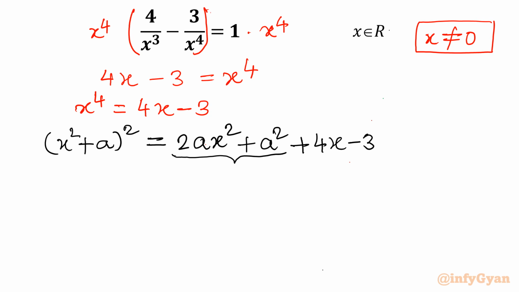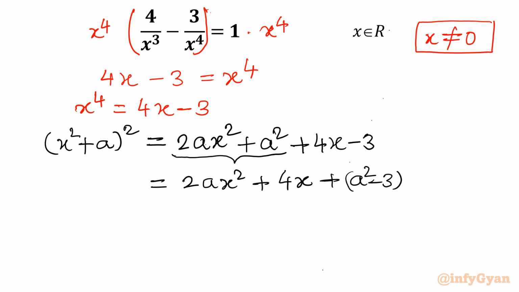Once you add to the left, you will get x square plus a whole square. Now I will frame one quadratic equation. So I will write 2a x square plus 4x plus a square minus 3. Done.